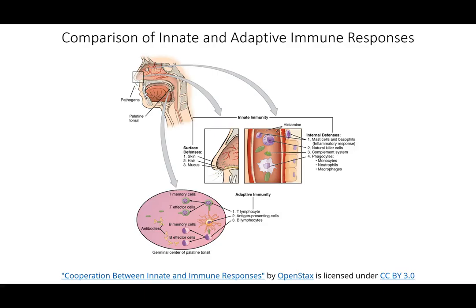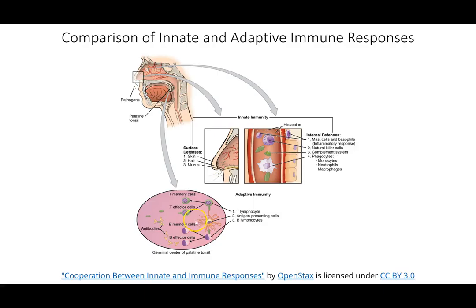This specificity and memory makes our adaptive immunity very, very effective. This can be really good for a lot of pathogens that a human is going to see repeatedly, which is part of how our adaptive immune response ended up evolving over time.